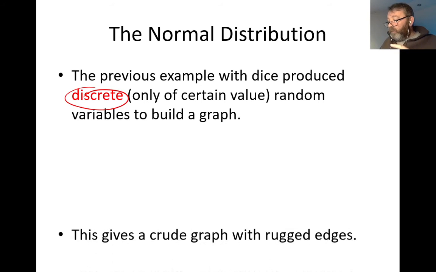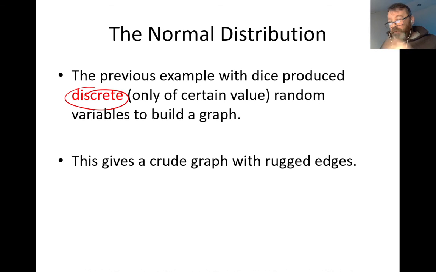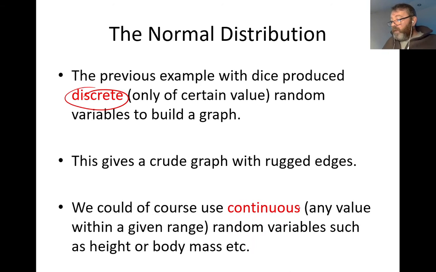However, when we use discrete data, we get the rugged type of normal curve. But when we use continuous data, say for example you take somebody's height, from the moment that they start walking to the time that they reach their 21st or 22nd birthday, okay? So you measure them almost every week over those number of years. Is there any height between the lowest and the highest that they won't be?